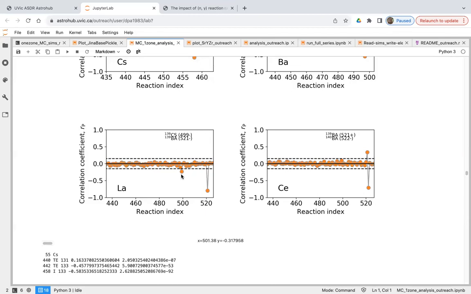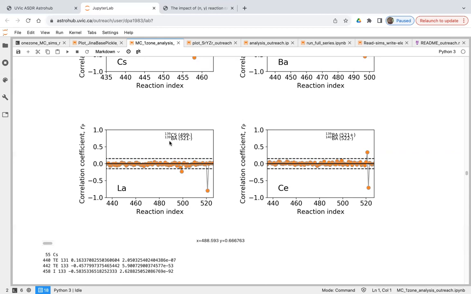For these reactions, the corresponding unstable isotopes that capture neutrons are shown here in the order of increasing reaction index. So this orange circle corresponds to the reaction cesium-139 and gamma, and the correlation coefficient is relatively small, negative, but absolutely close to 0.15.